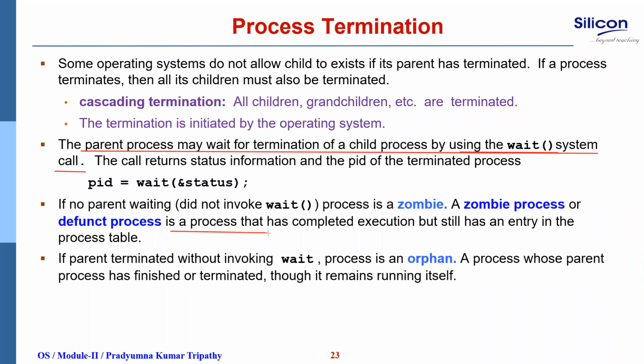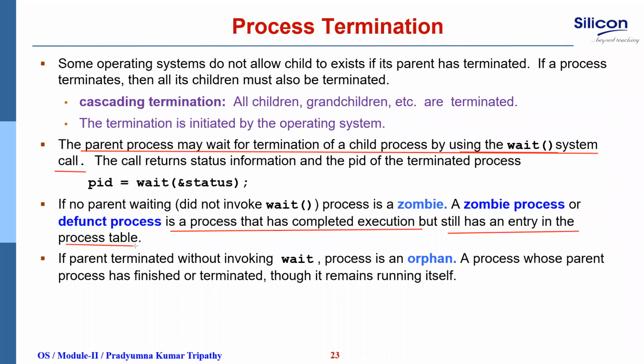the zombie process, is a process that has completed the execution but still has an entry in the process table. It has completed its execution, so it must have been terminated, but it is not terminating because it has not invoked any wait system call.